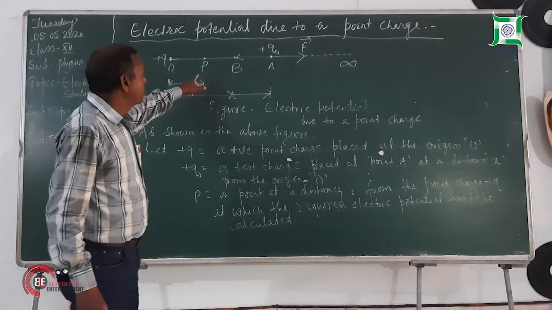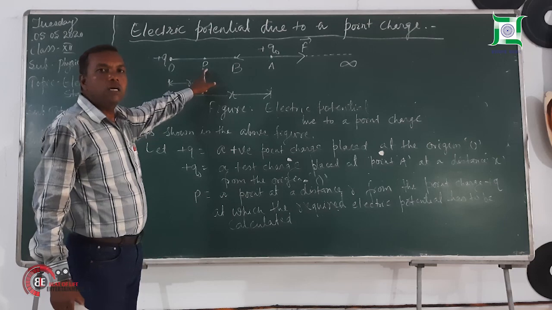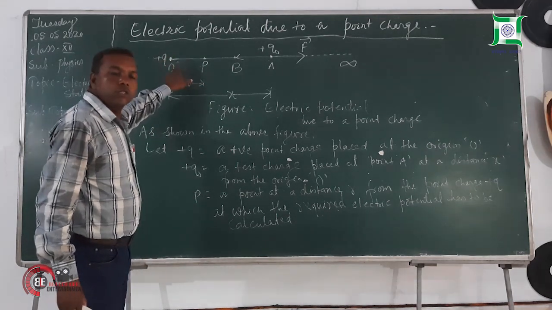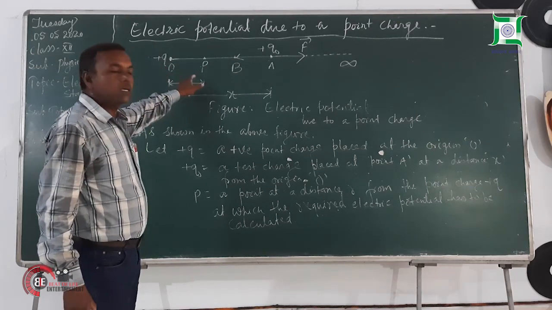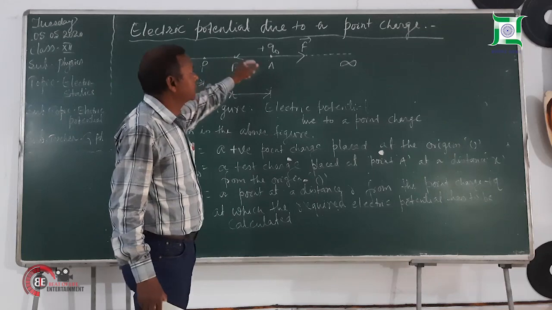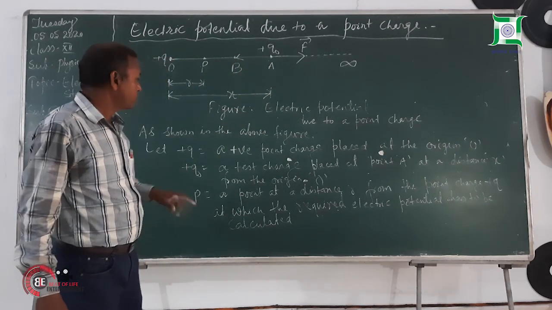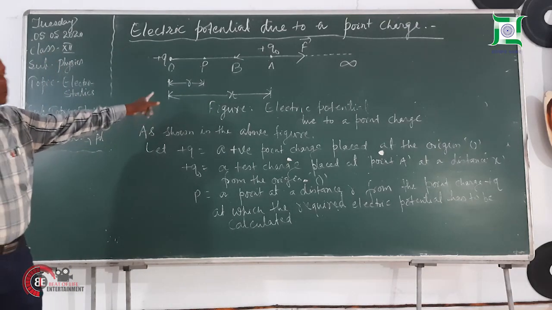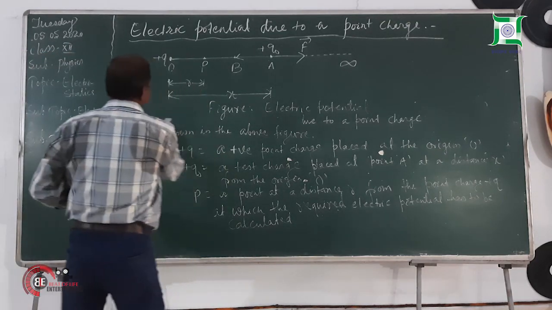It means P is the point in the electric field of this source charge, or point charge, at which we have to determine the electric potential.